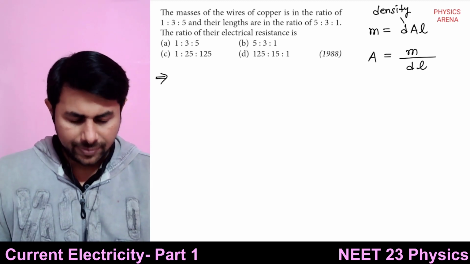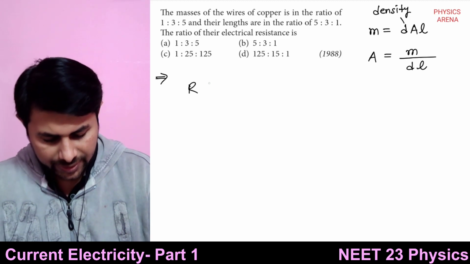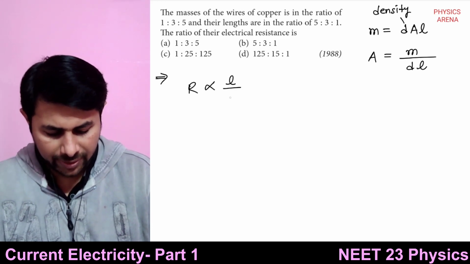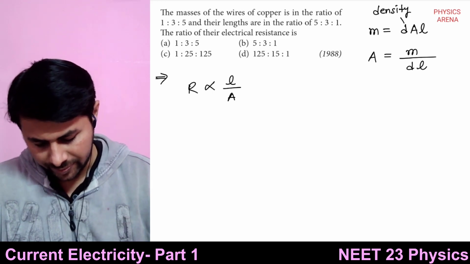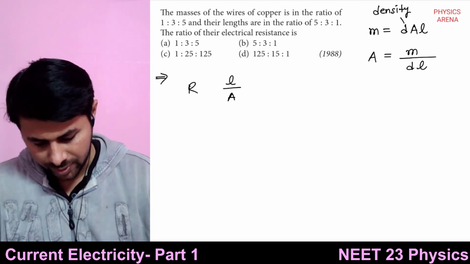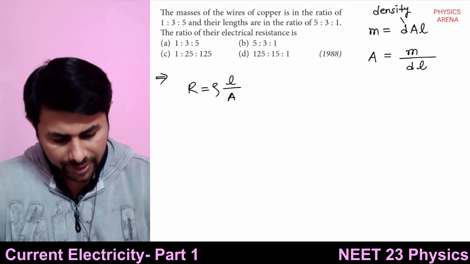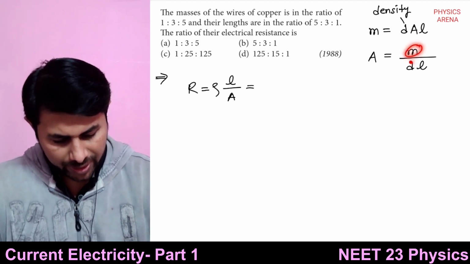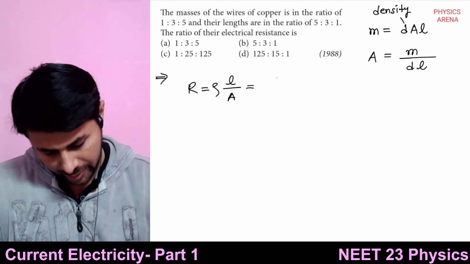So now it's simple, right? Resistance is directly proportional to length and inversely proportional to area. Let's find out the formula. It is R is equal to rho L upon A, and A is M upon DL.